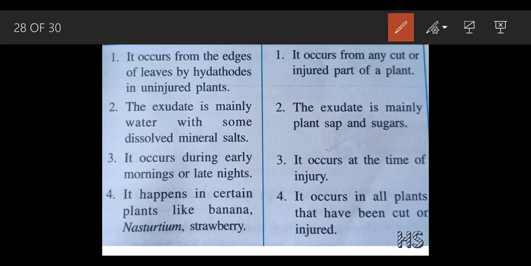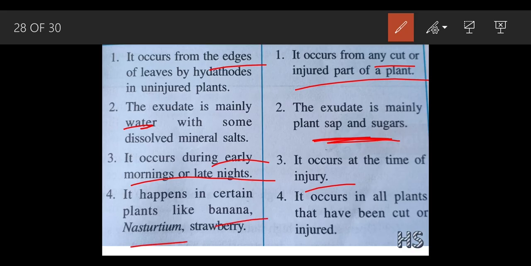Guttation occurs from the edges, while bleeding can occur from any injured part, wherever we get a cut. The exudate in guttation is mainly water, but in bleeding it is sap and sugars. Guttation occurs during early morning or late night because of the temperature, and injuries can occur at any time. Bleeding occurs in all plants that have been cut or injured, but mainly you see it in milkweed.